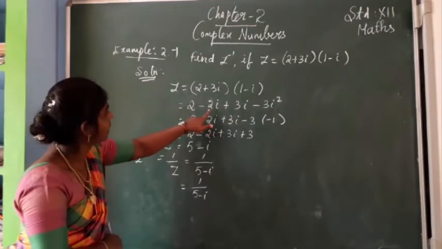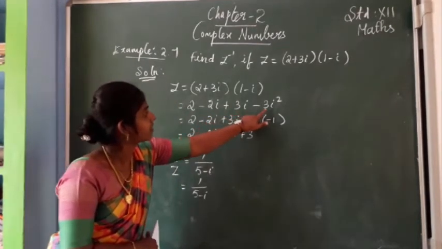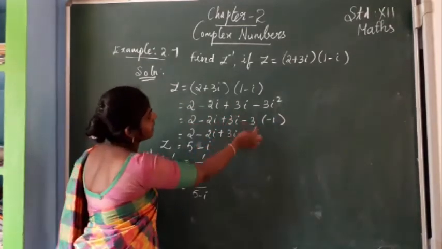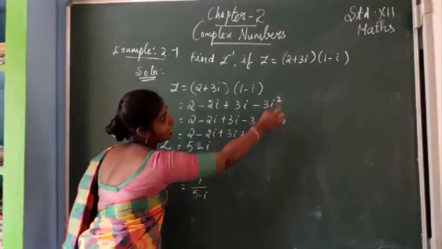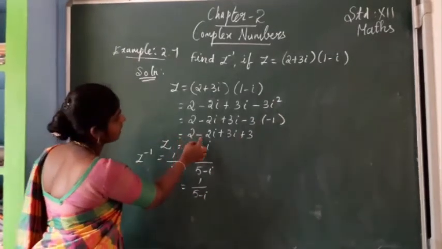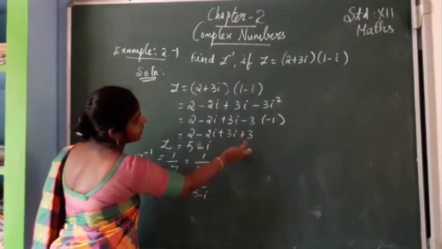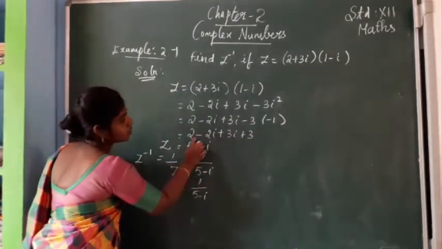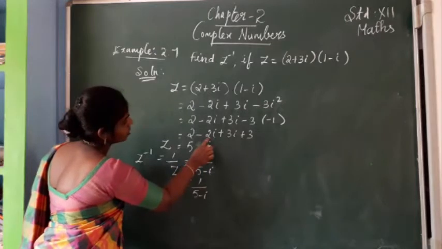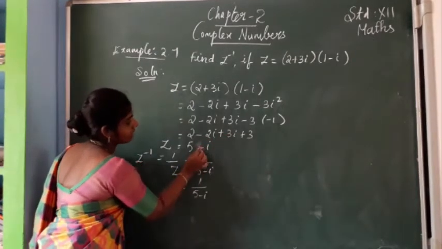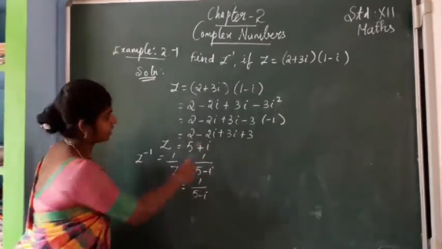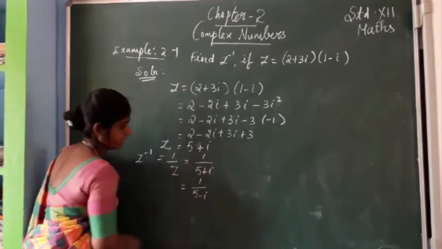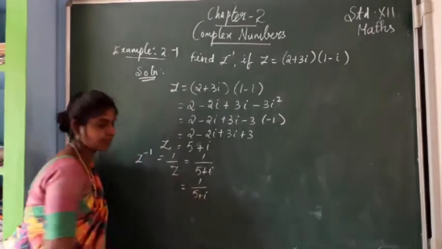So 2 minus 2i plus 3i minus 3 into i square, and the value of i square is minus 1. Minus into minus is plus. So 2 plus 3 is 5, and minus 2i plus 3i is plus i. That's 5 plus i. So I have to take this value as 5 plus i.